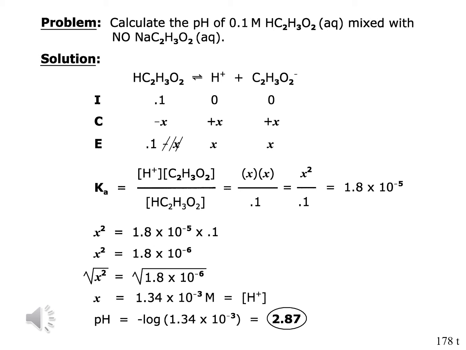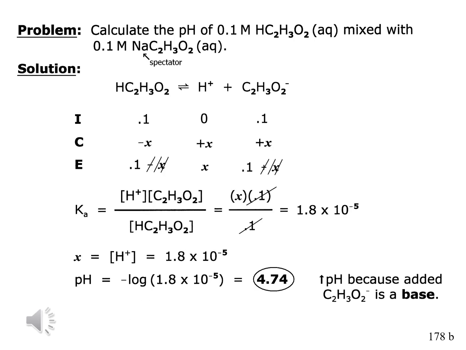I first asked you what is the pH of 0.1 molar acetic acid by itself. We went through the ice table and found out that the pH came out to be 2.87. I then asked to calculate the pH when you take 0.1 molar acetic acid and mix it with an equal amount of the conjugate base, sodium acetate.